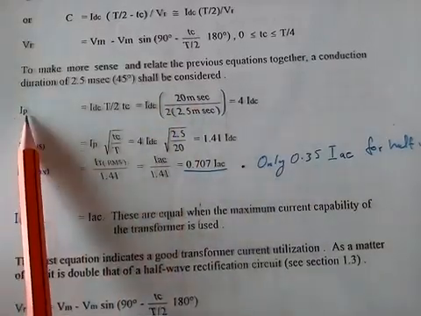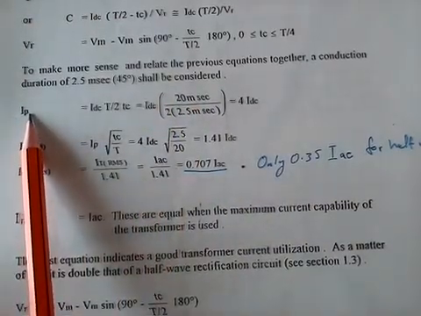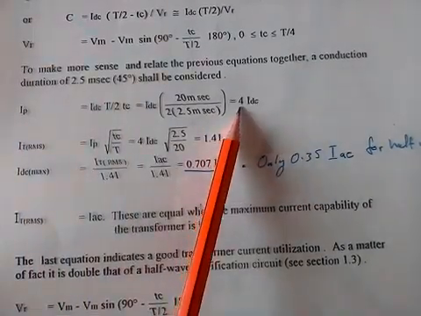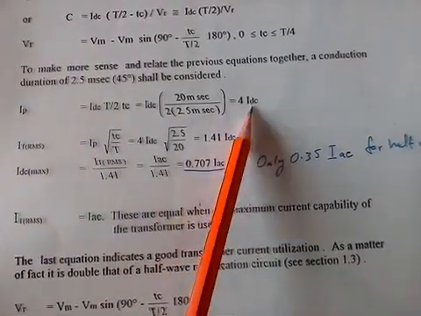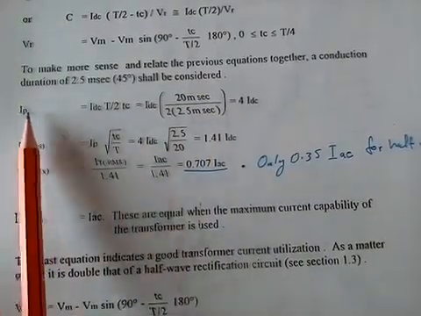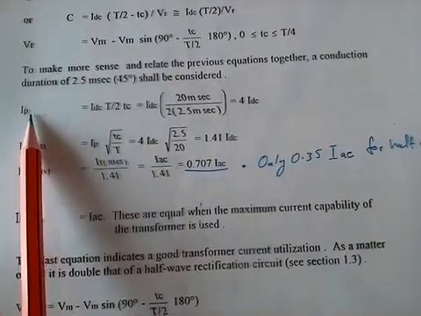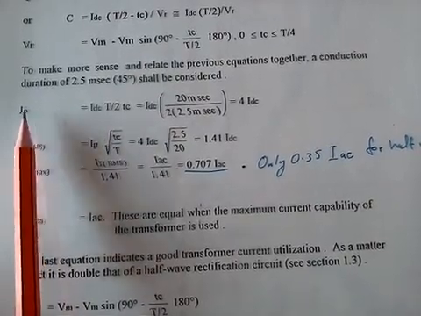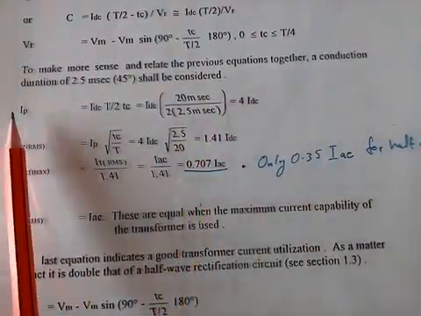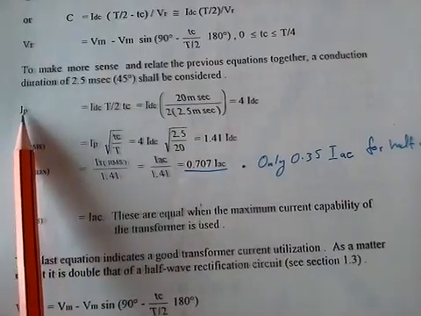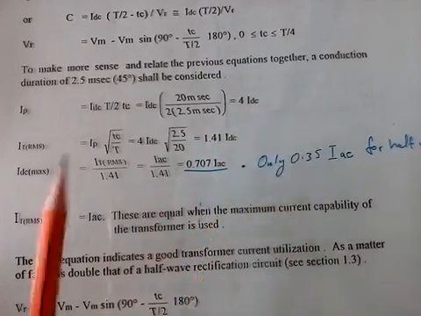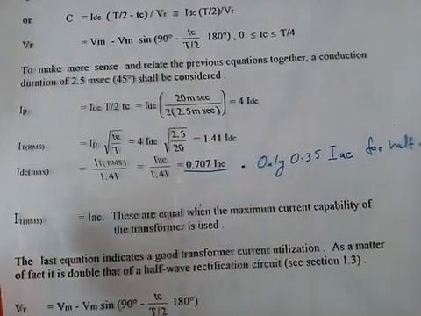So the peak current that you are charging the cap with is allowed to go as high as 4 times the IDC, or it has to be like that because the duration is short. The duration is short and you must have the same charge in the cap for charging and discharging. So the peak current for charging the caps must be 4 times whatever IDC you got in your load.